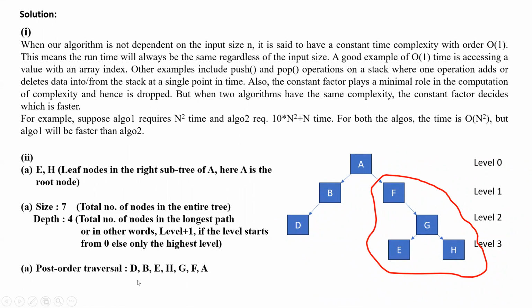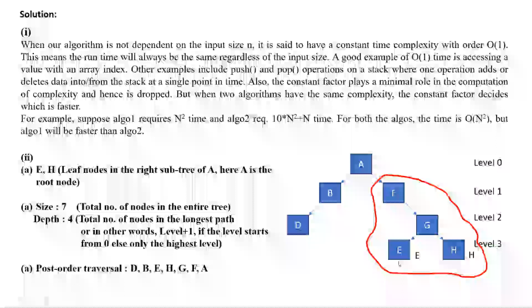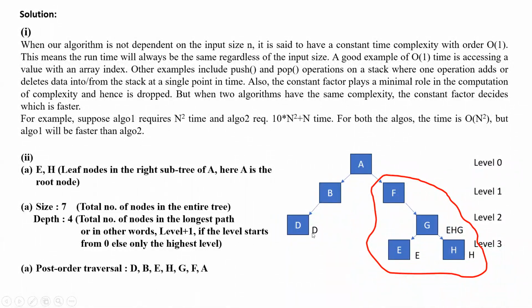Finally, post-order traversal. Now how to get the post-order traversal? We'll start with the leaf nodes. At E, the post-order traversal is E, H. At D, the post-order traversal is D, where at G, the post-order traversal is E, H, G. Then at B, it is D, B. At F, it is E, H, G, F. And at last, at the root node A, the post-order traversal is D, B, E, H, G, F, A. Now, post-order traversal means left node, right node, then the root node.